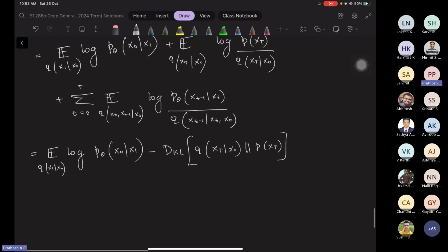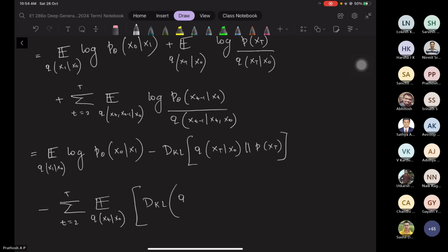And the third term can be written as the sum from t equal to 2 to capital T of the expectation with respect to q of xt given x naught, times the KL divergence between q of xt minus 1 given xt and x naught, and p theta of xt minus 1 given xt.